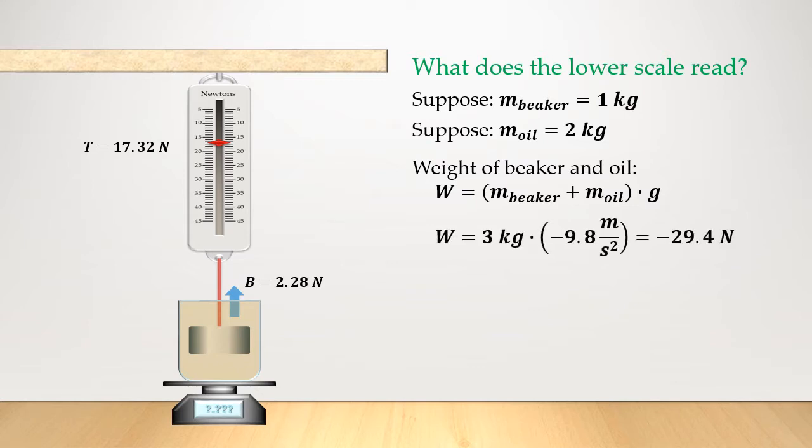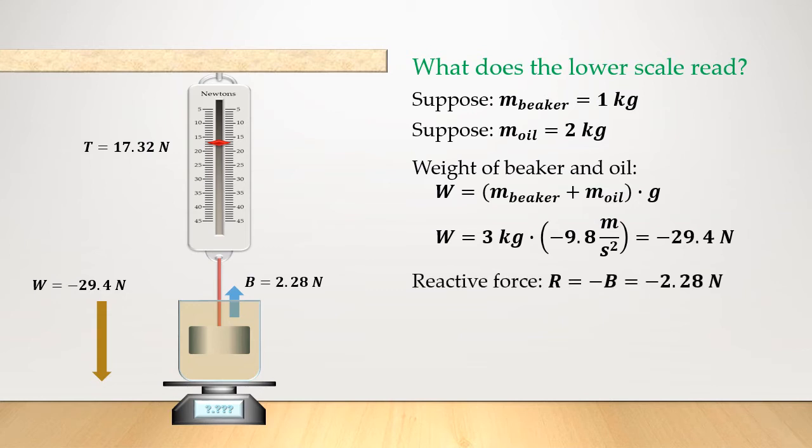So the weight is negative 29.4 newtons. And that will be a downward force. Now the reactive force is simply the negative of B. So if B was 2.28 newtons, we're going to subtract or make that negative so that it goes down like so.